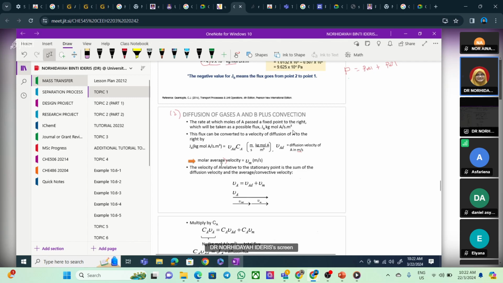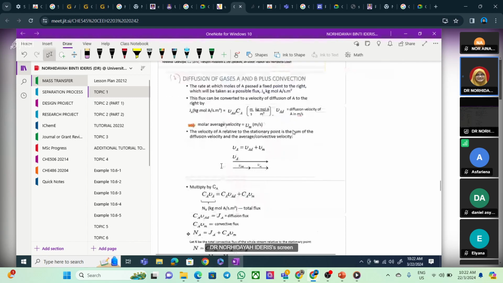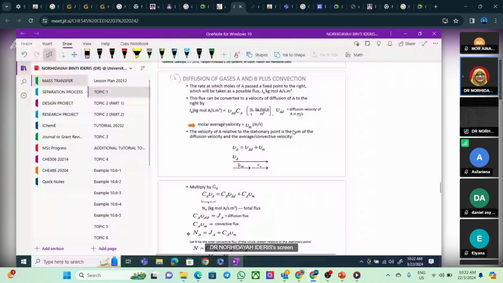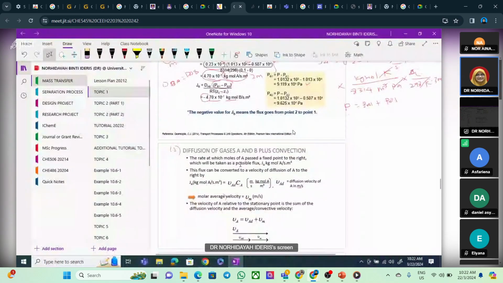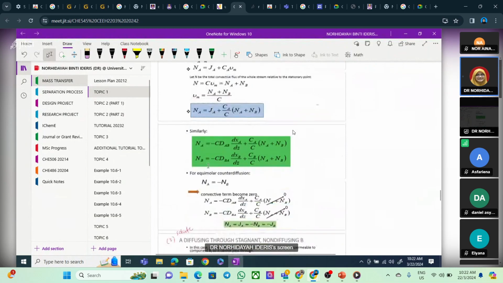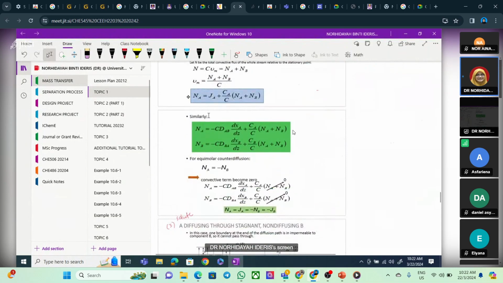You can watch it inside the video, but I just would like to emphasize that if you are talking about the flux contributed by the diffusion, the notation is J. But right now we have a new notation, which we write as NA.